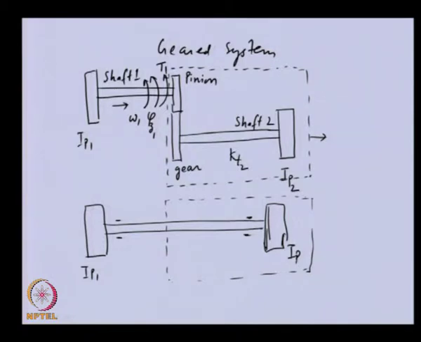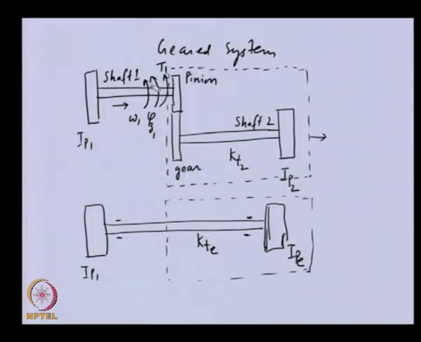So, let us say this is IP equivalent, and this shaft which had stiffness KT2, we mention as KTE. Up to the gear, whatever the stiffness is, is the same as the previous one.